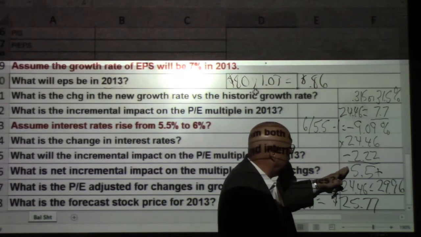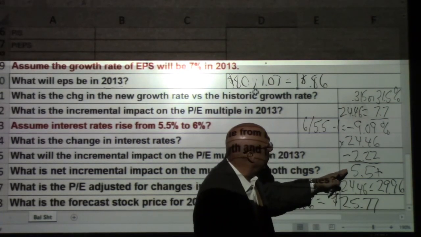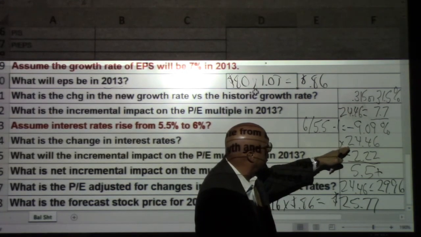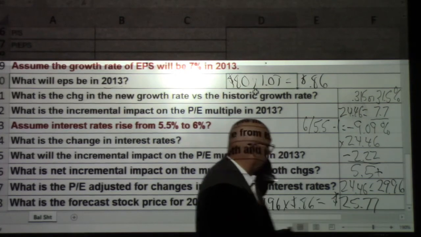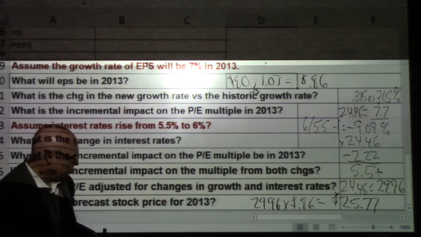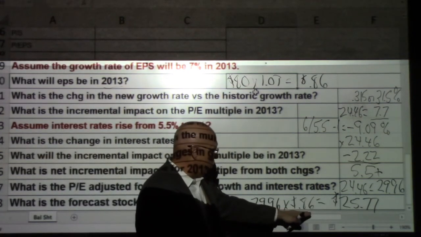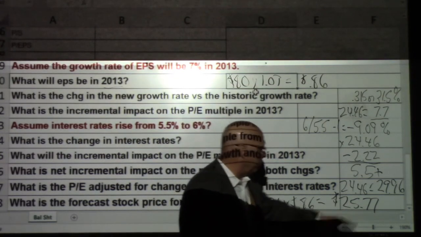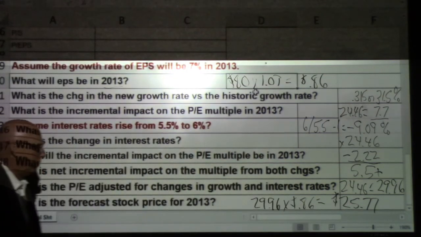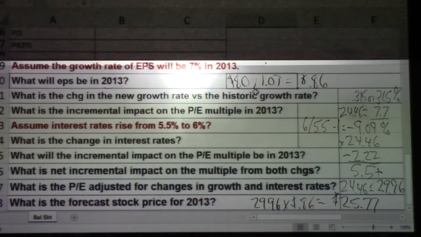So the net difference in the multiple is 5.5 multiple points. We add that to the starting multiple of 24.46. We get our ending multiple of 29.96. We multiply that by our new earnings per share estimate, and we come up with an estimated price of $25.77. Okay, so that's the entire exercise.